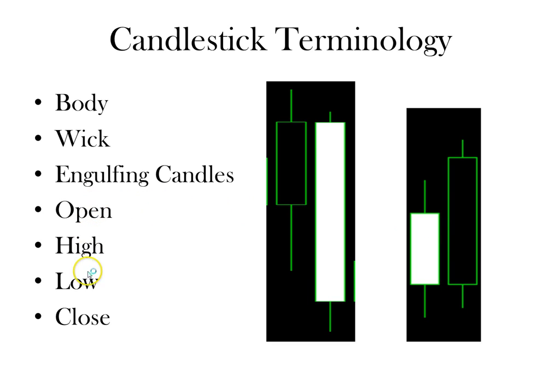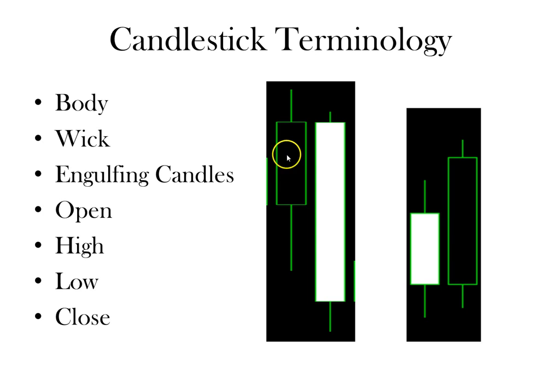So open, high, low, close. What is that? How do I find that? Well, first you need to know what type of candle you're looking at. Is it a bullish candle or a bearish candle? And don't worry if you're not too familiar with what bullish and bearish means. I'm going to discuss it in the next video. I'm going to show you a chart so I can correctly describe bulls and bears, bullish and bearish.